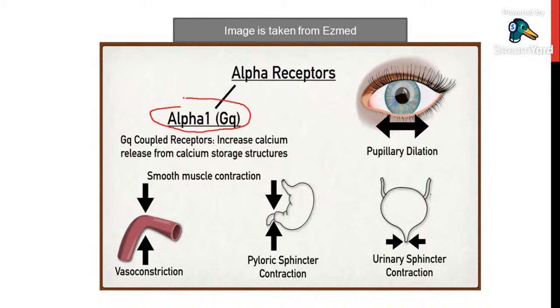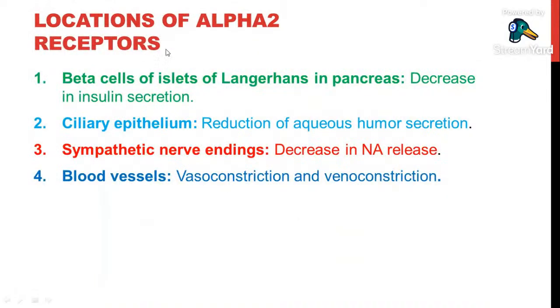Alpha 1 receptors are mainly present on blood vessels, GI sphincter, and urinary sphincter. And alpha 2 receptors are present on beta cells, ciliary epithelium, sympathetic nerve endings, and again blood vessels. So these are some locations of alpha 2 receptors.